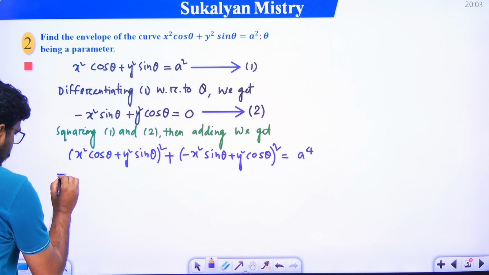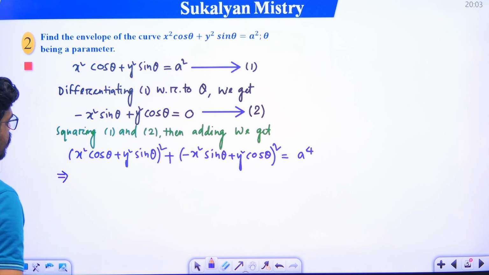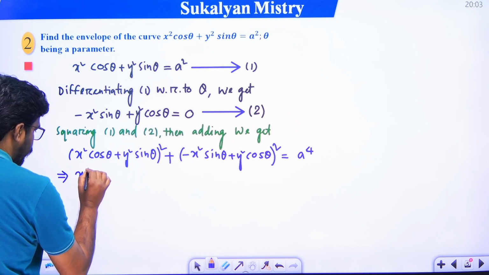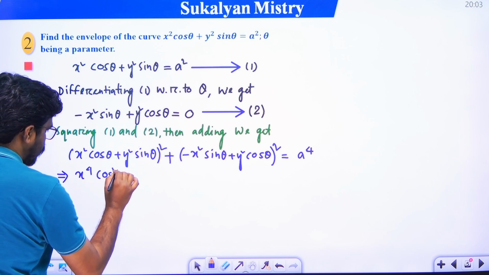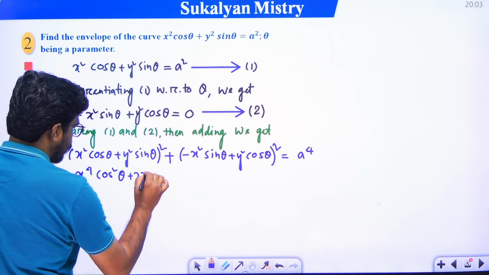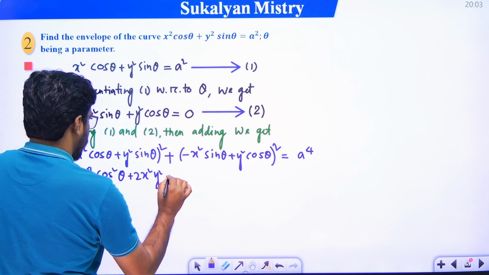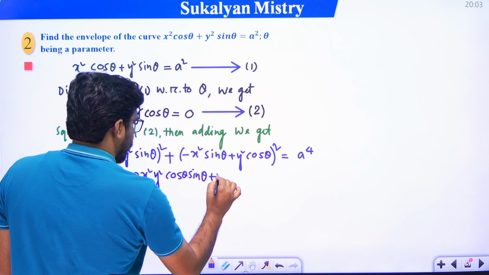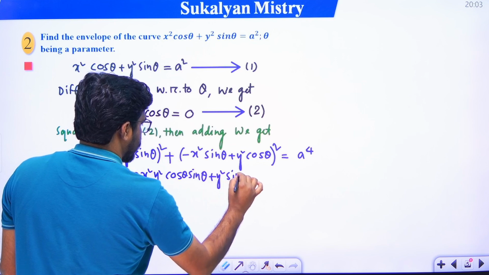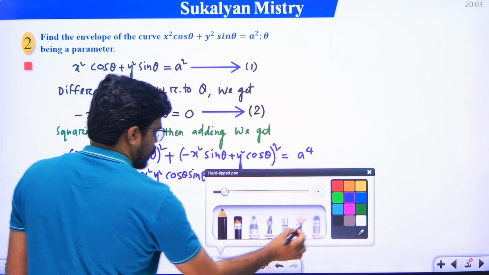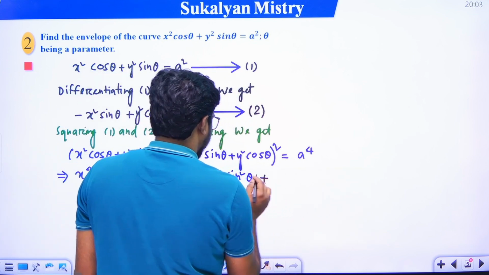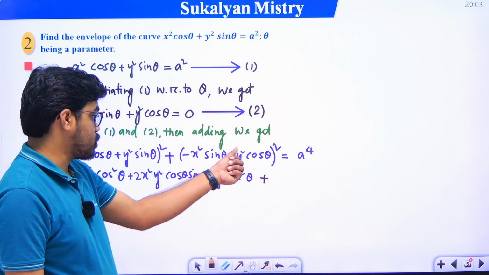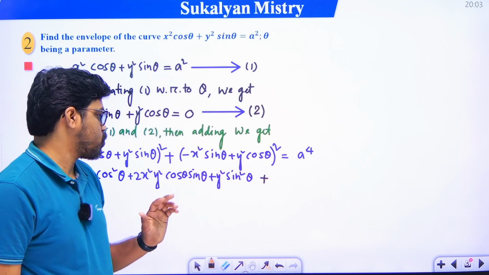So this implies (a plus b) whole square, that is x to the power 4 cos square theta plus 2x square y square cos theta sin theta plus y to the power 4 sin square theta, plus (minus x square sin theta plus y square cos theta) whole square, that is (a minus b) whole square.